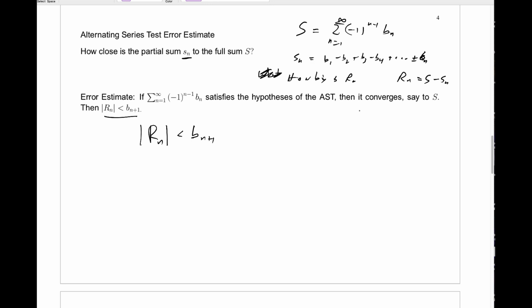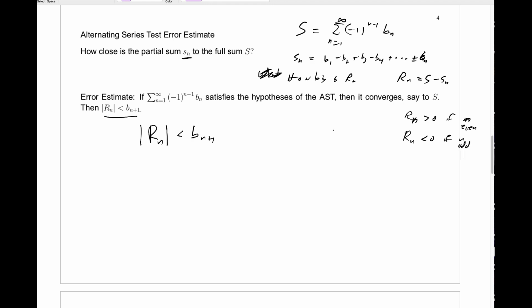Now, notice here that R sub n will be positive if n is even. Because remember from the previous picture, the even partial sums were smaller than the actual sum, and R sub n will be negative if n is odd.